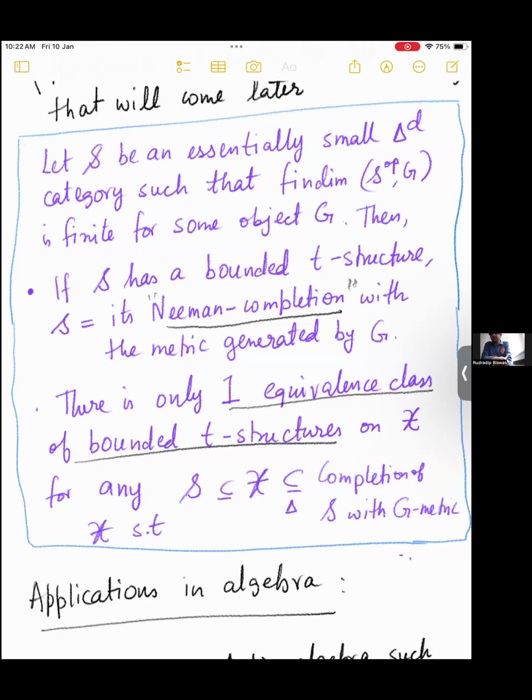And number two, under the same finitistic dimension assumption on the opposite category of the ambient triangulated category, there can be only one equivalence class. All bounded T structures will have to be equivalent on any triangulated category lying between the starting triangulated category and its completion.